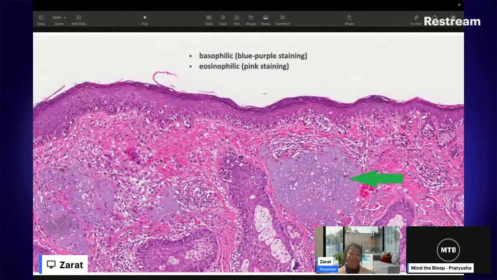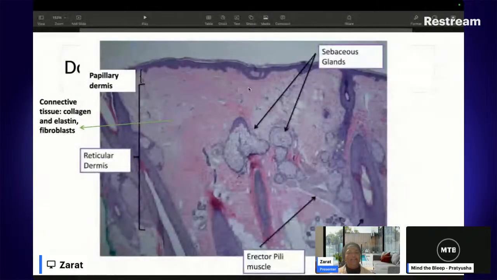There are some changes we can get in the skin, which may happen in a normal skin. So, for example, if we just go back, if you look at this here, it's nice and pink and linear, and you can see how it looks like the fibers are smoothly going across.